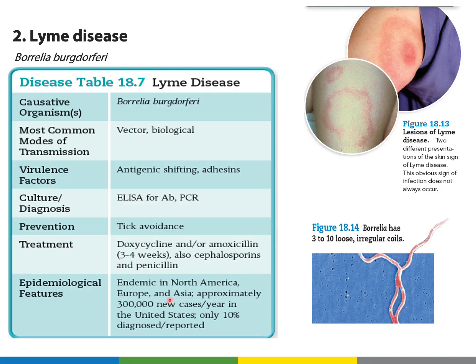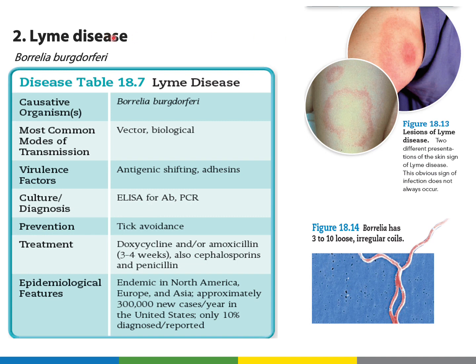Next infection is Lyme disease, caused by Borrelia burgdorferi. Lyme disease is slow-acting but often evolves into a slowly progressive syndrome that mimics neuromuscular and rheumatoid conditions. On early symptoms for Lyme disease, you will see a rash at the site where there is a tick bite.